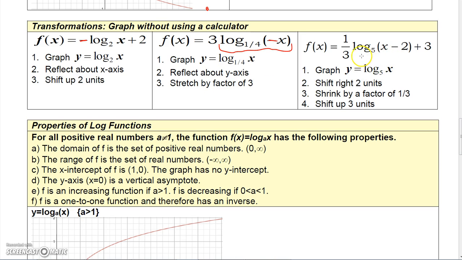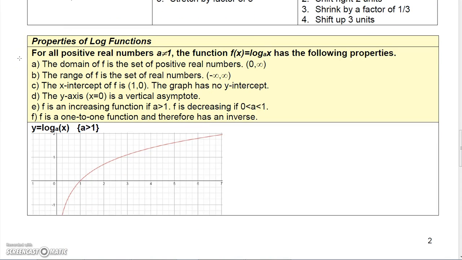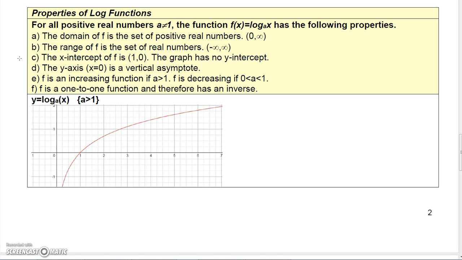And then this one, if you know how to graph the log of x base 5, when you replace x with x minus 2, that just shifts it to the right 2 units, and then the 1/3 shrinks it by a factor of 1/3, and then the +3 shifts it up. Obviously, you can graph these on a graphing utility to see that action.